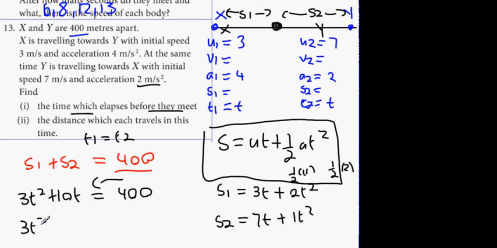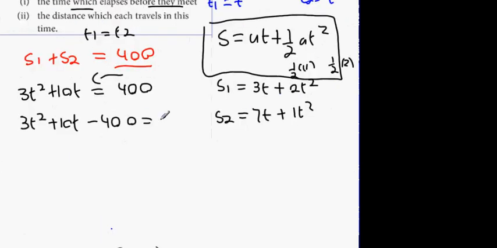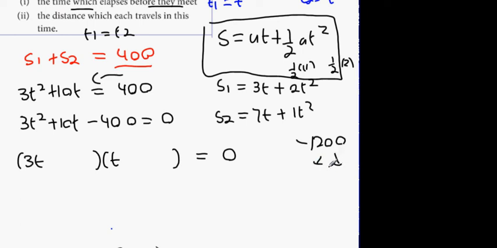Move the 400 over to your side, and then we have minus 400 here. This is a reasonably easy one to do. I think it's going to be something like 3t and t, and then what I need in the middle is minus 1200 at the back, and that's going to break into 30 and 40.